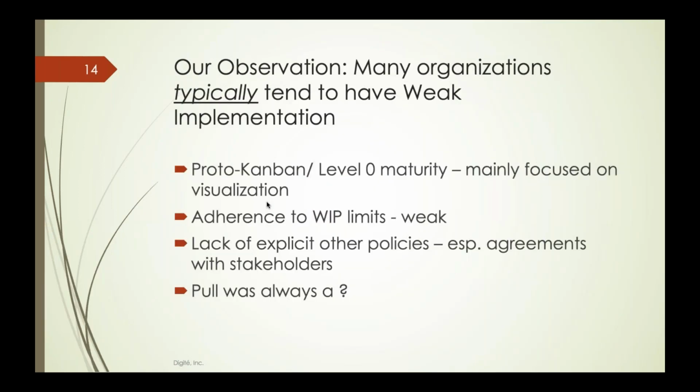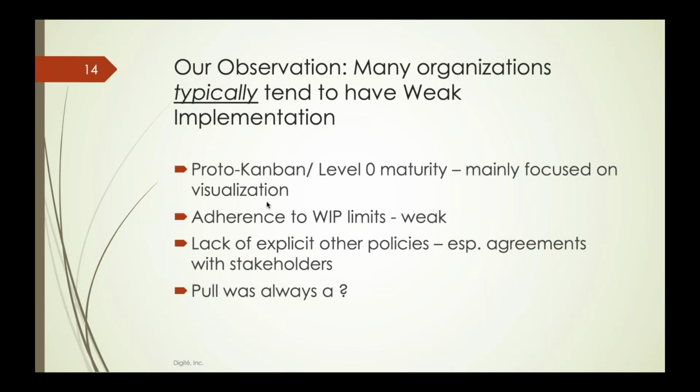Anyway, with that, let's get started on the main session, which is about our observation that many organizations tend to have a weak implementation of Kanban. And what do we mean by weak? By weak, we typically mean what many people would describe as a proto Kanban, level zero maturity type of implementation, which typically remains focused on the visualization aspect of it.